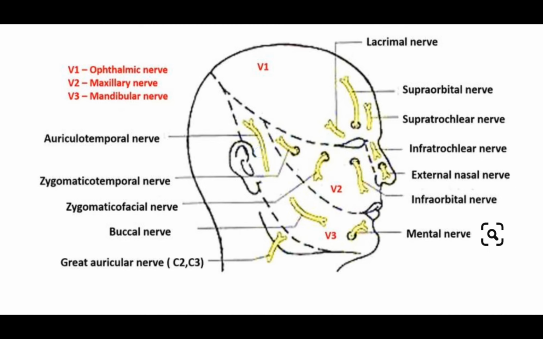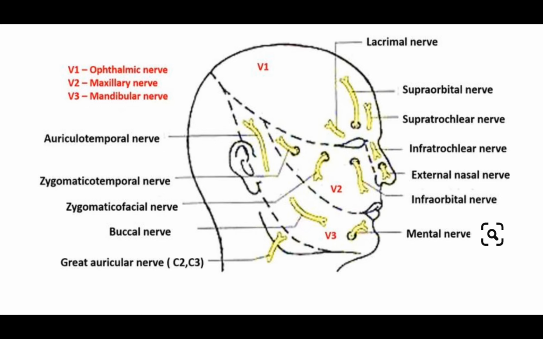So all the external structures related to the ear will be innervated by the auriculotemporal nerve. So once again we revise the branches in brief: supratrochlear, supraorbital, lacrimal, infratrochlear, external nasal. Then infraorbital, then zygomaticofacial, zygomaticotemporal, mental, buccal, and auriculotemporal.